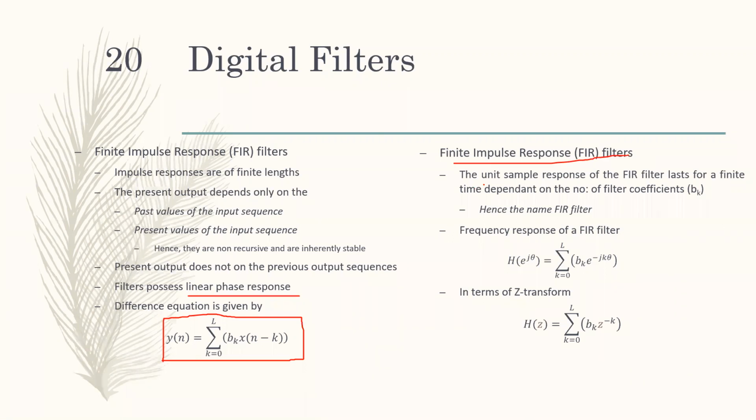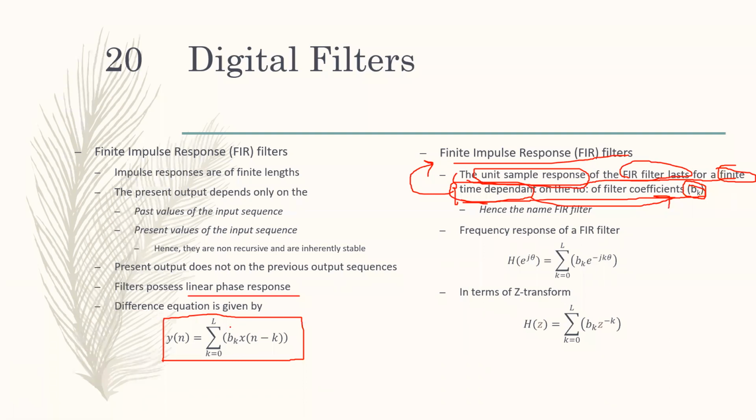In the case of FIR filters, the unit sample response lasts for a finite time, depending on the coefficients. This is also another reason why it is called an FIR filter. When a particular input is given, the response will be of finite time duration, and it also depends on the number of coefficients b_k which are present.